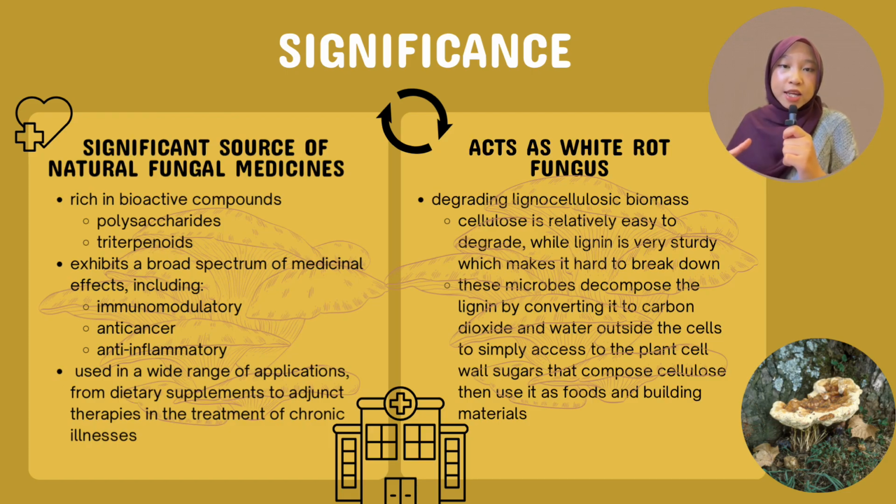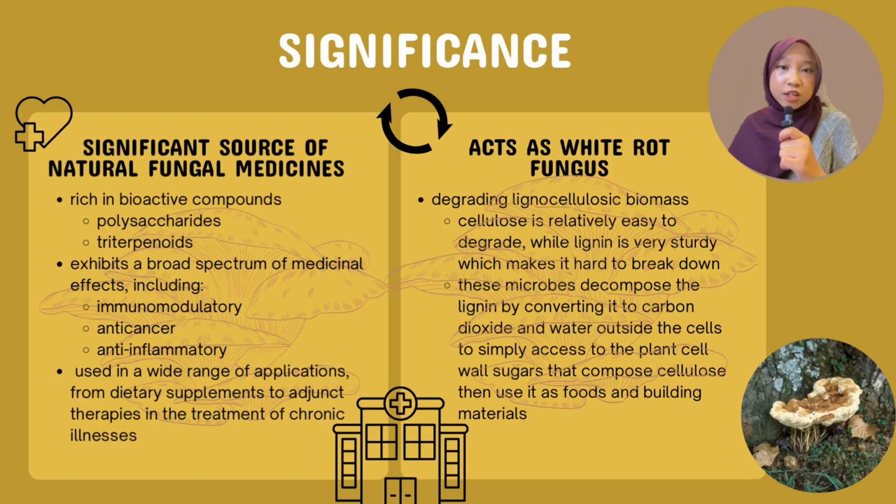Furthermore, it is also considered a white rot fungus. White rot fungus is a group of fungi that is known for their ability to decompose lignin and cellulose. It will decompose lignin by converting it into water and carbon dioxide that will be used for other purposes.